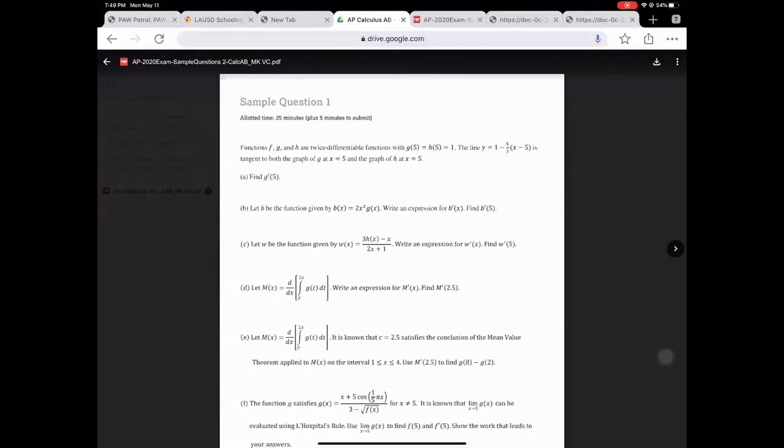If you want to draw big parentheses and say meters over second. Okay. If they ask you something for velocity, or some type of rate, it's always over time. If they say something like area, we know that's units squared already. So you can just write that.